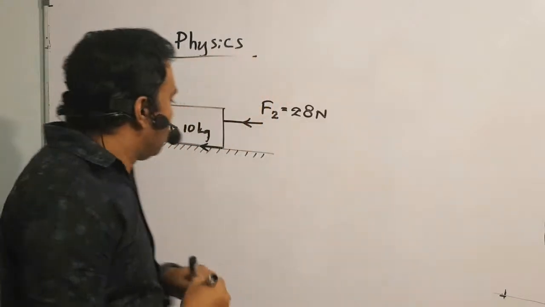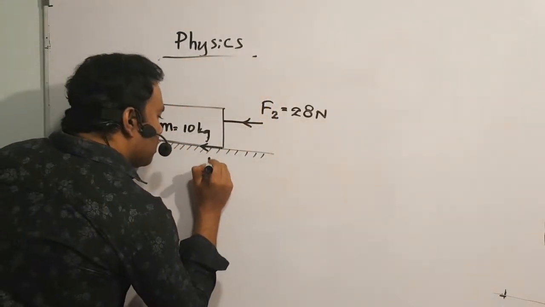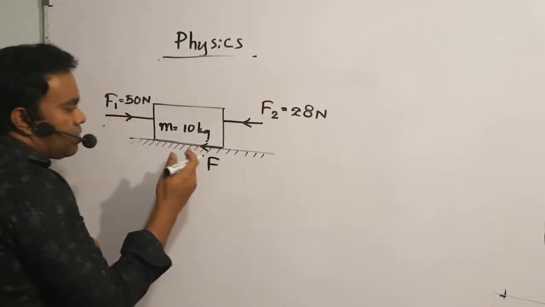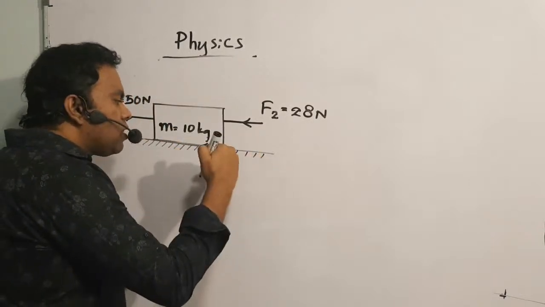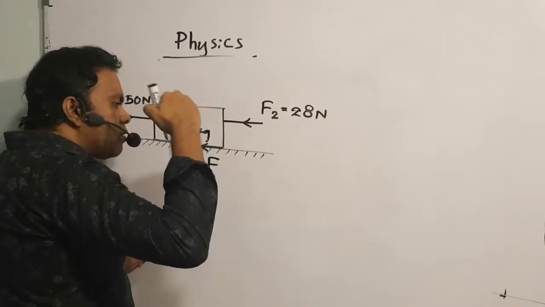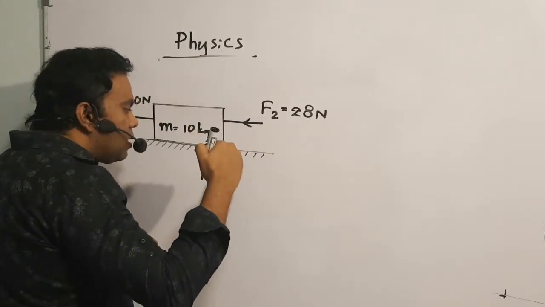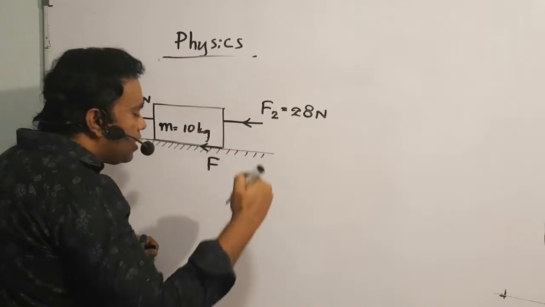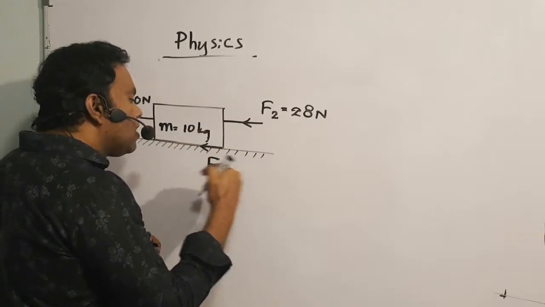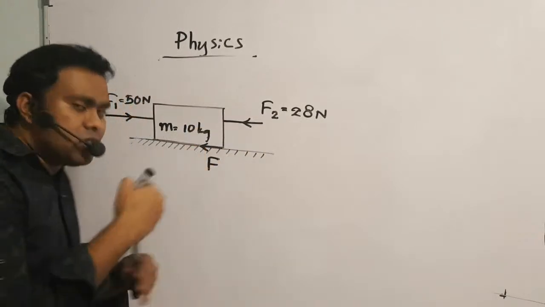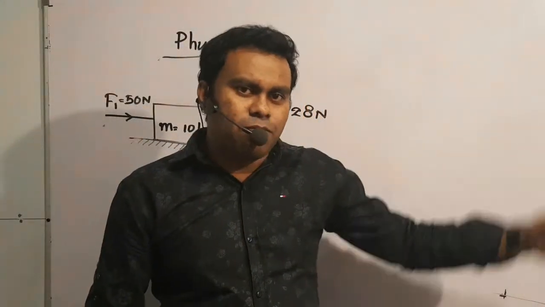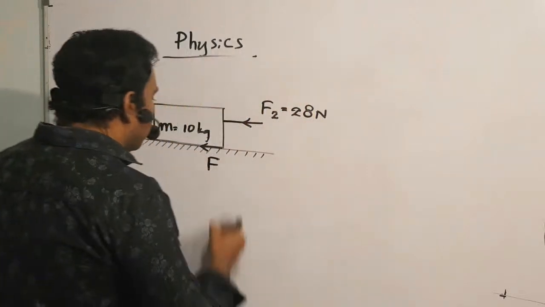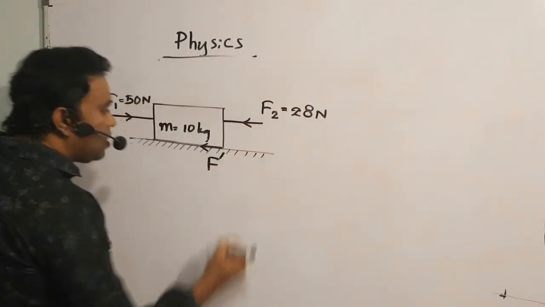But a rough surface makes another force against the motion. Before the motion, and just as this object is starting its motion, another force acts against the motion, and while this object is moving, another obstacle force is created. We call that frictional force. We call it F dash here.